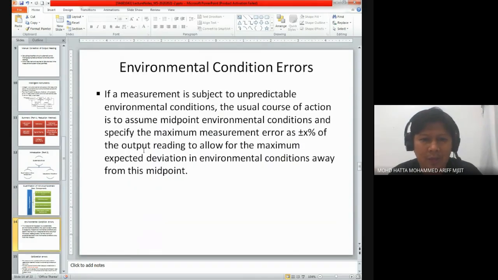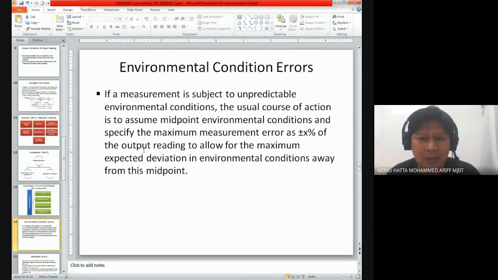All right, for environmental error, it says here that if a measurement is subjected to unpredictable environmental conditions, the usual course of action is to assume a midpoint. Okay, the keyword here is midpoint.